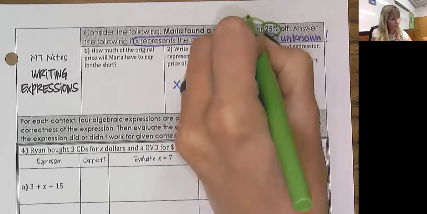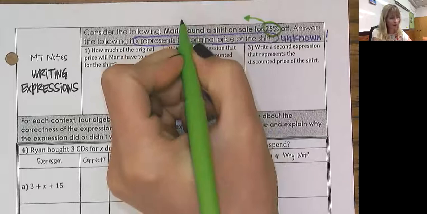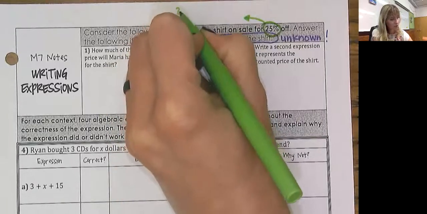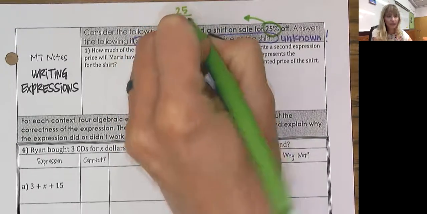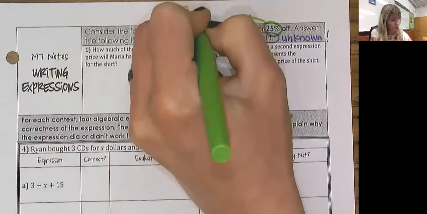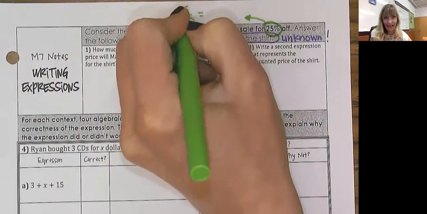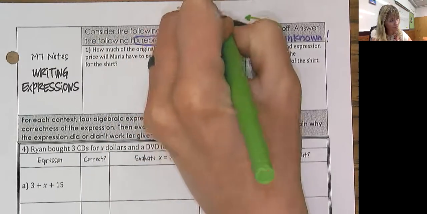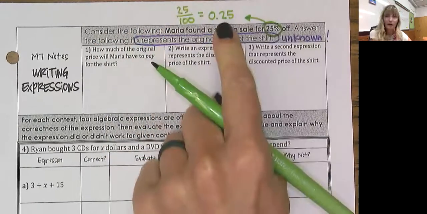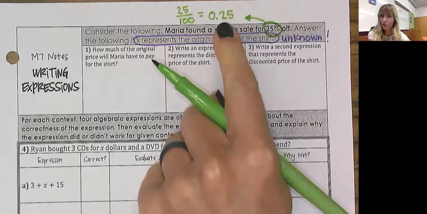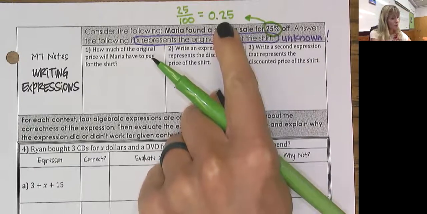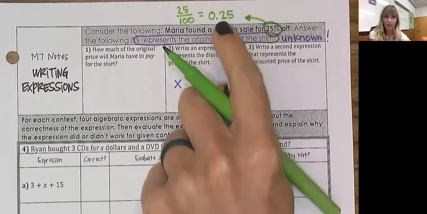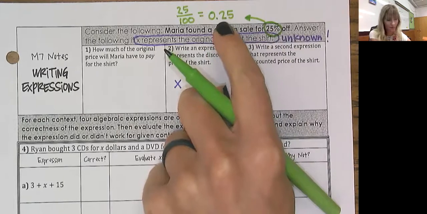Hopefully, at this point, we recognize that 25% is actually 25 out of 100, because percent means out of 100, which can also be said as 25 hundredths, which means it can also be written as 25 hundredths in decimal form. So 25% is really 25 hundredths or 0.25.